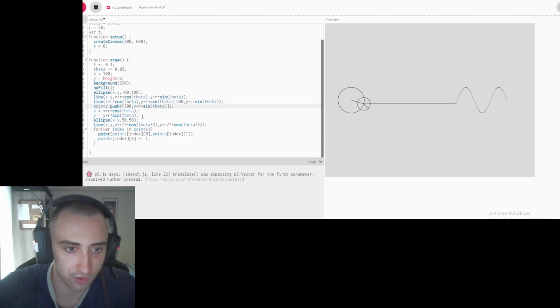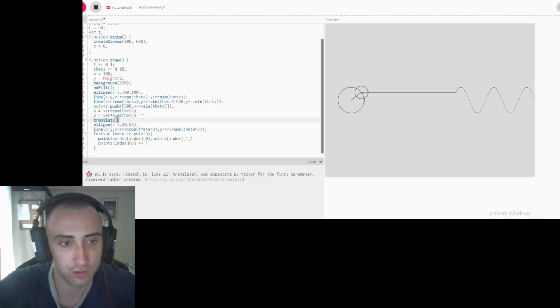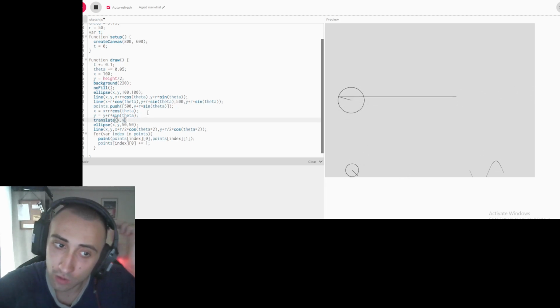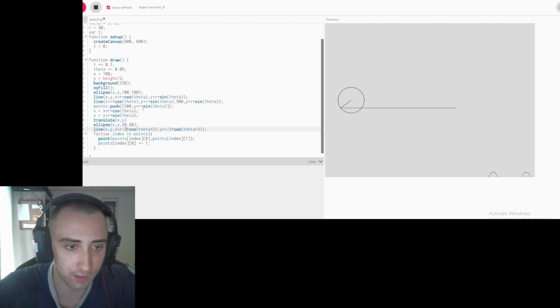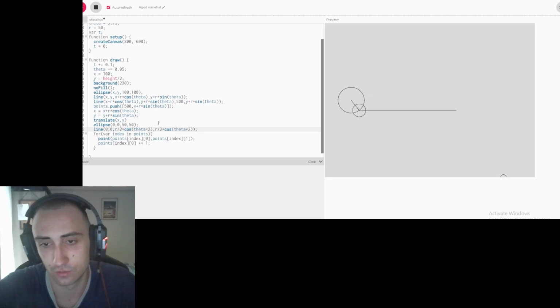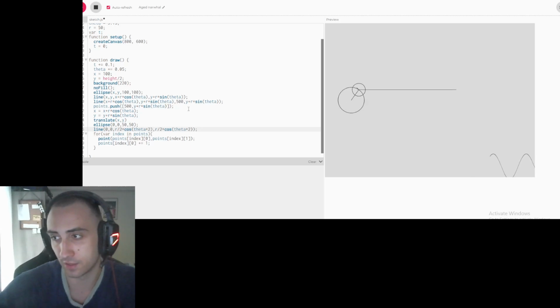Actually, what if I translate now to x comma y, and then we draw this ellipse at 0, 0, and then this. Okay, I've practically made the same thing.